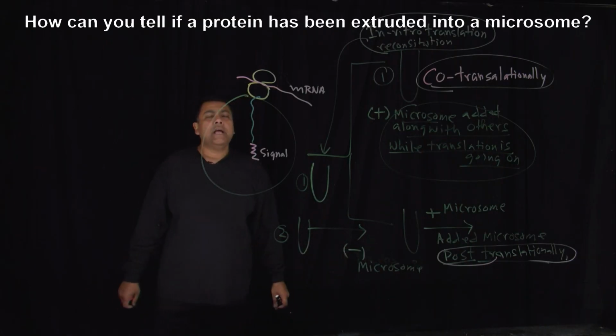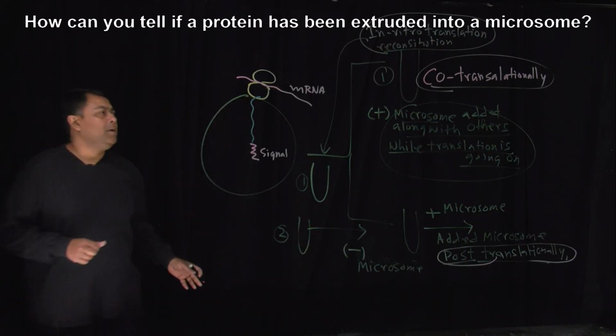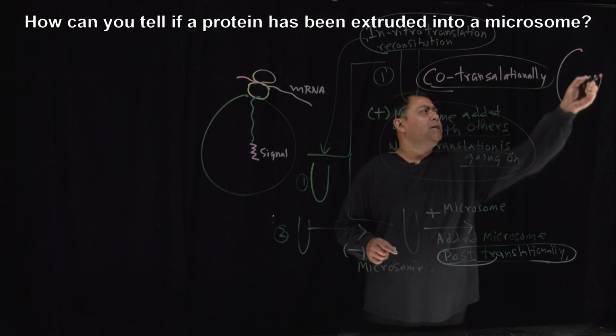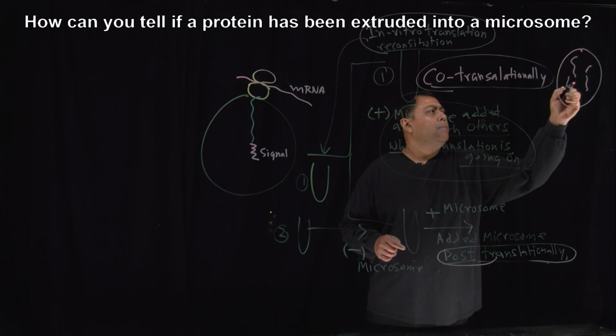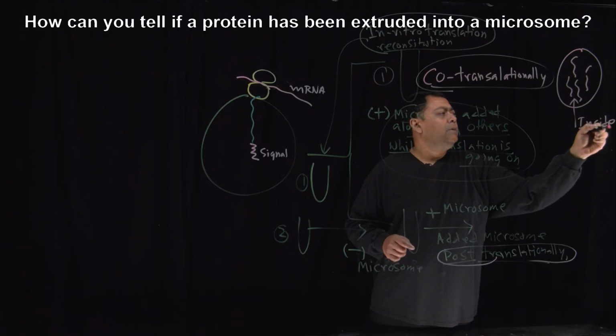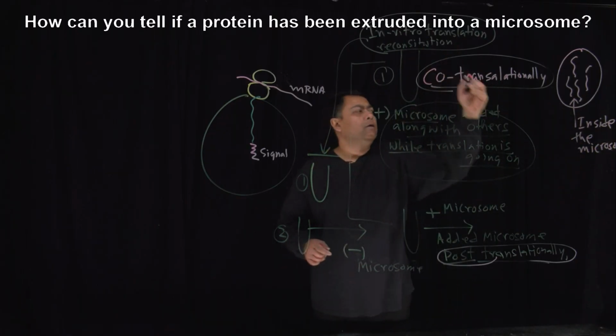So how will the picture look if you do these two experiments? What was found is that right here is the microsome, and all the proteins are present inside the microsome when the microsomes were added co-translationally.